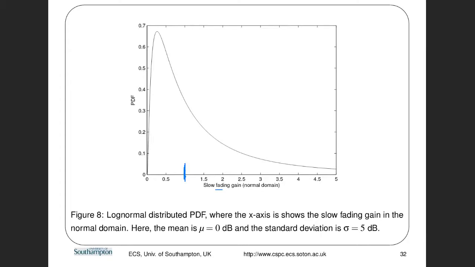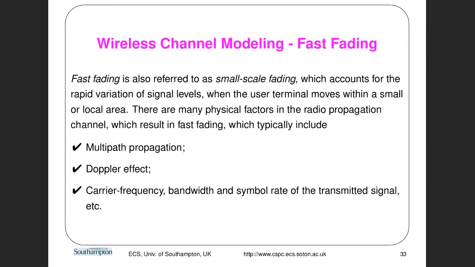Now we need to look at the third level, which is actually the most difficult part of channel modeling, and we will dedicate a few sessions to this third level, which is fast fading. Fast fading is also called small scale fading.